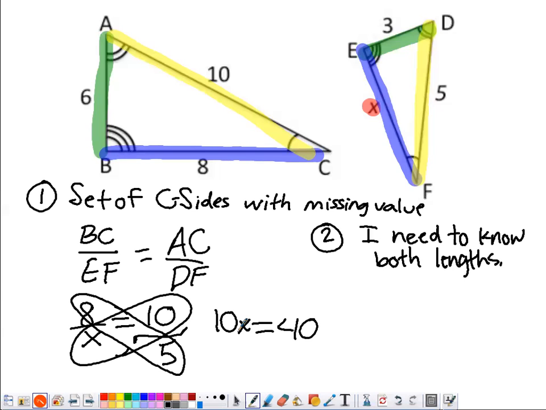Now it looks like a what? Something that we worked with before. Does it look like something that we've done before? Okay, so 10x equals 40, so that must mean that 10 times 4 equals 40.